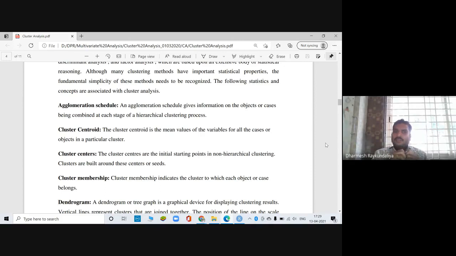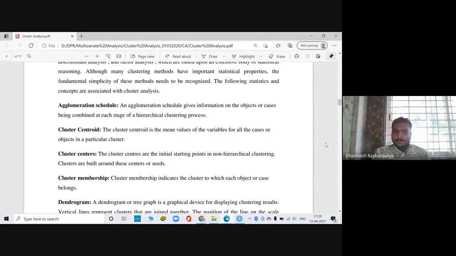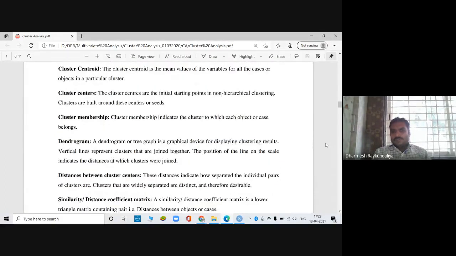However, in non-hierarchical clustering, an object can be transferred from one cluster to another at any time, in such a way that the distance should be minimum. So that is possible in non-hierarchical clustering, but not in hierarchical clustering. Then, of course, an object belonging to a cluster is said to be a cluster member.